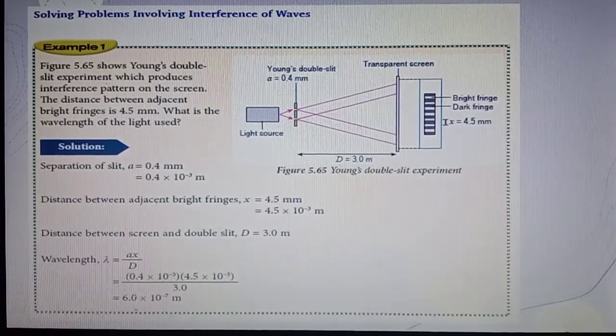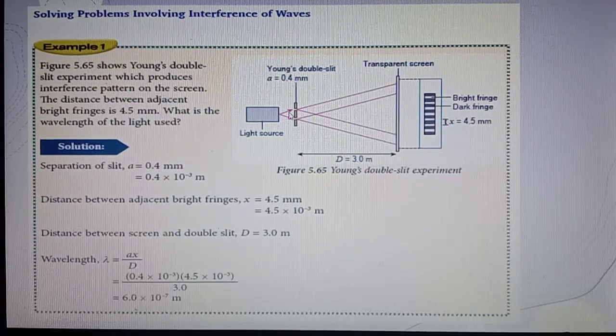You can let the green color pass through the double slit and observe the pattern. If it is green light, meaning you just observe the green color. For the light source, if you use white light, you can put a color filter.